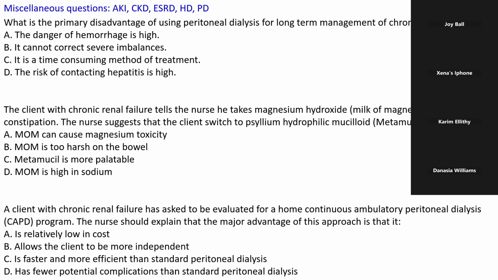The client with chronic renal failure tells the nurse he takes magnesium hydroxide, which is MOM, milk of magnesia, for constipation.